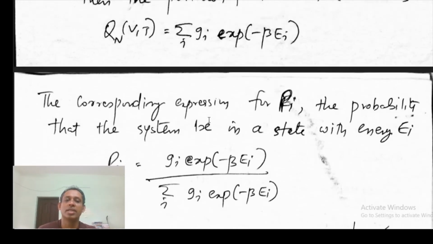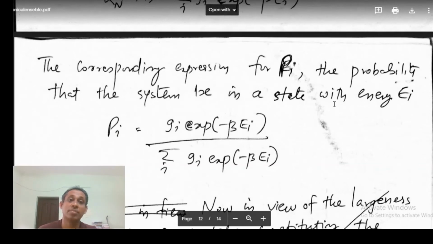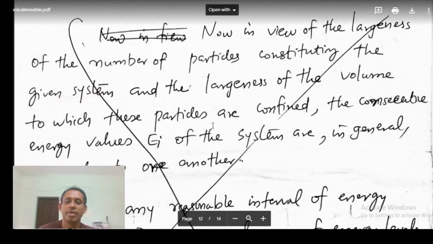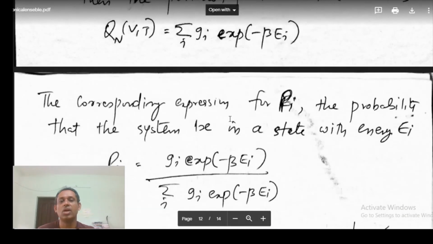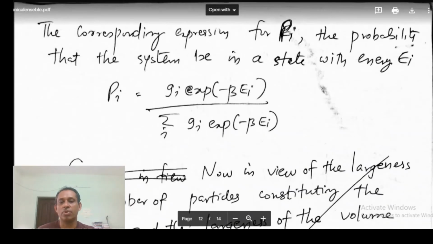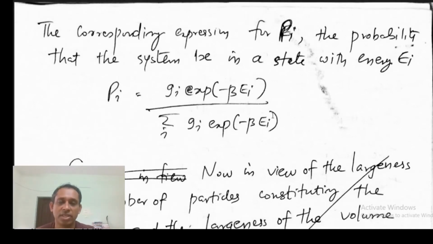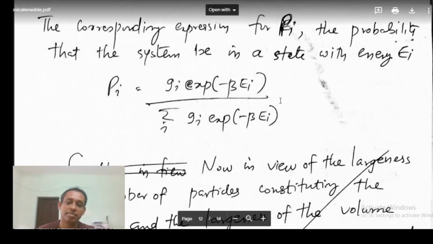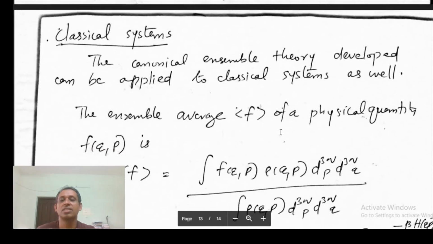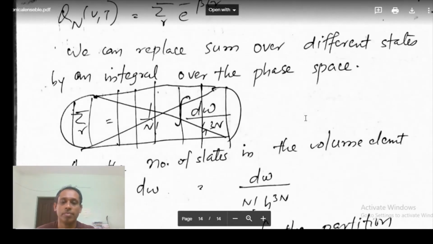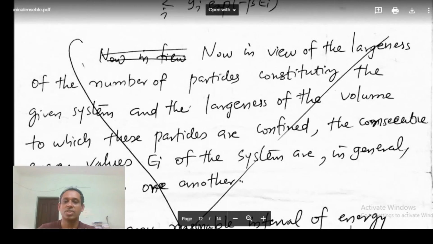So this is the expression for the probability for the system to be in a state of energy E_i. These are the alternative expressions for the partition function and for the probability when we take the degeneracy into consideration. Now for the classical systems, this is for the quantum systems.